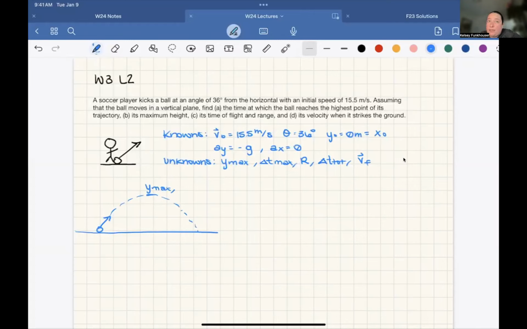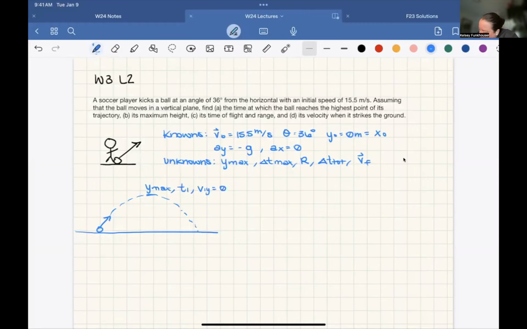And at this point, we'll call this T1. It'll just be time 1. And the velocity in y at that point is 0. Remember, at the peak of the parabola, the y velocity is 0. The x velocity is not 0 at that point.